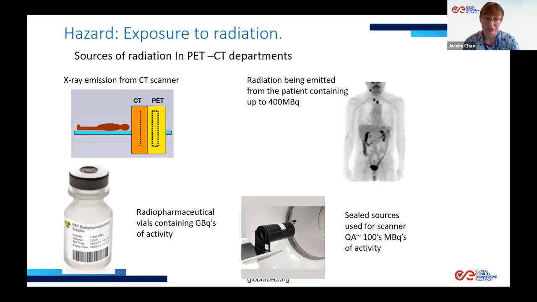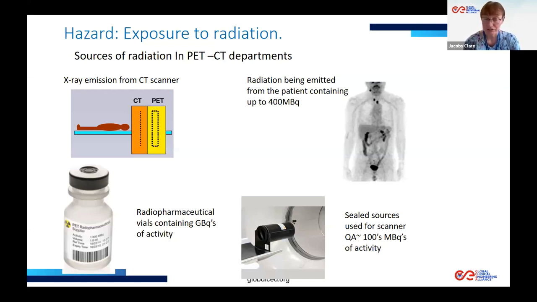So in terms of the radiation, there are 4 different sources of radiation that people can be exposed to. First of all, you've got the X-ray emissions from the CT part of the scanner. You've also got radiation emitted from the patient who's been injected with radioactive material.